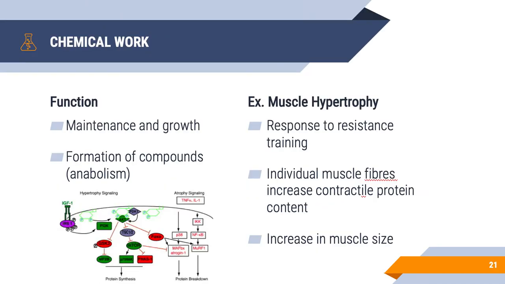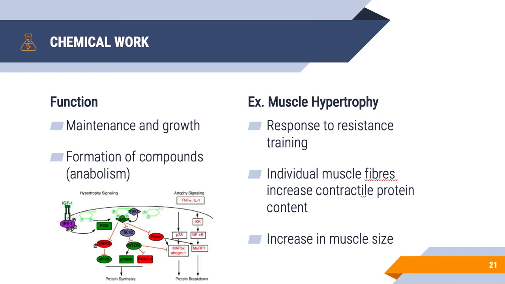First, ATP can be used for chemical work. Its function is maintenance and growth, and it's really used for the formation of compounds. Anabolism is really building up, so being anabolic is to build up compounds. An example of this is muscle hypertrophy. In response to resistance training, we have an increase in individual muscle fibers, an increase in their contractile protein content, as well as an increase in their muscle size.